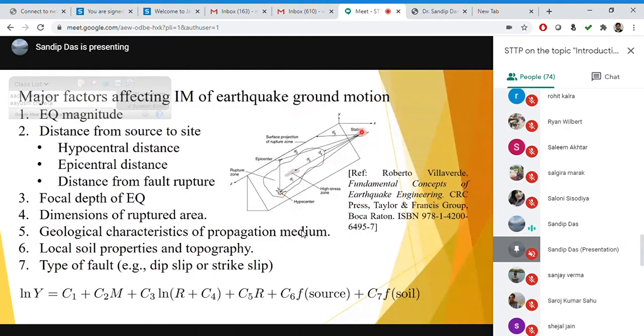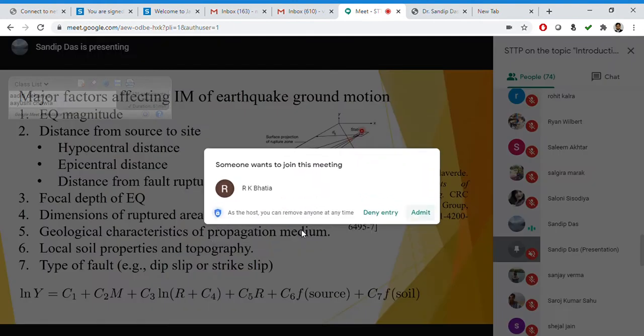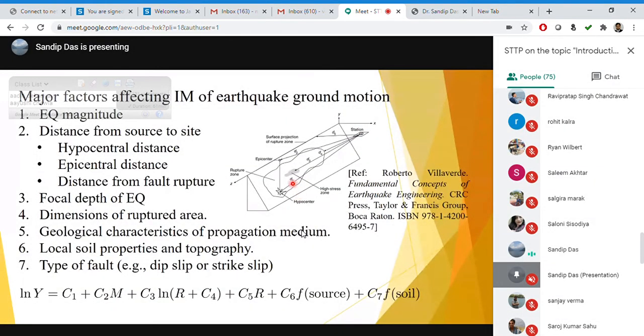From your station, a straight line to it, this d1, we call the hypocentral distance. Then the point right above it is called the epicenter, and the distance from it is the epicentral distance. There is a fault line, and the nearest distance to the fault projection is another one. Then this is the high stress zone, and accordingly we have the shortest distance from the rupture zone.